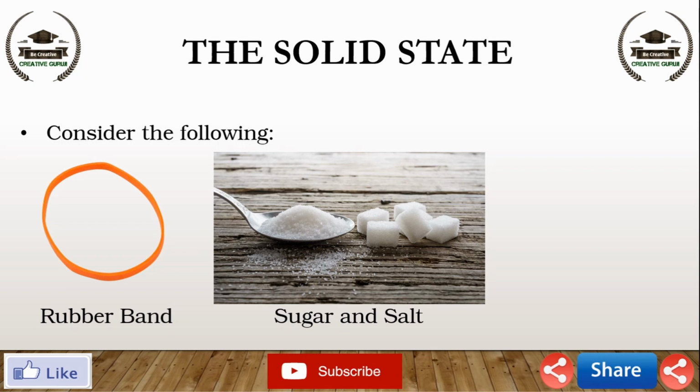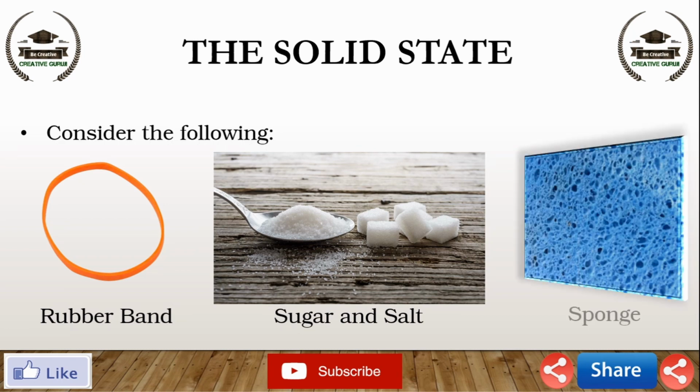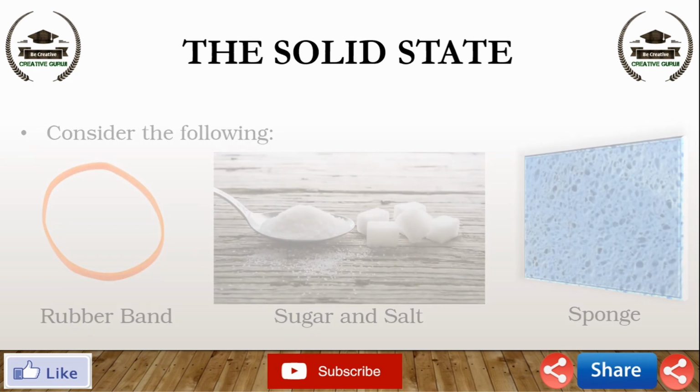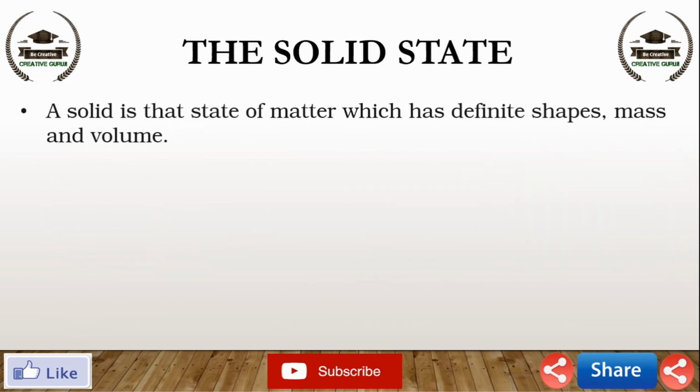What about a sponge? It is a solid, yet we are able to compress it. Why? A sponge has minute holes. Air is trapped in it. When we press it, the air is expelled out and we are able to compress it. A solid is that state of matter which has definite shape, mass and volume.